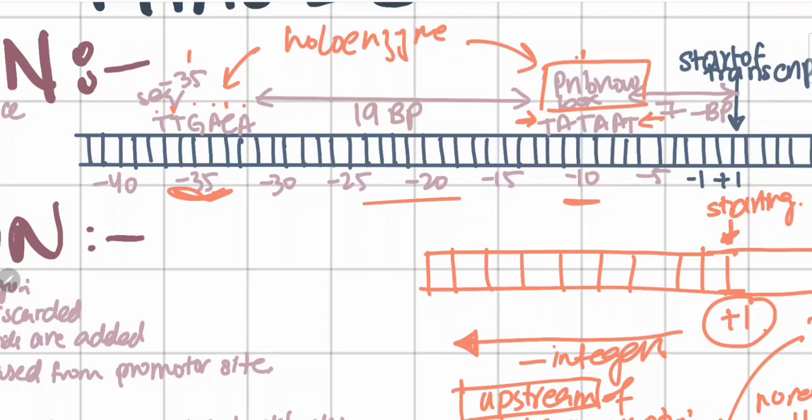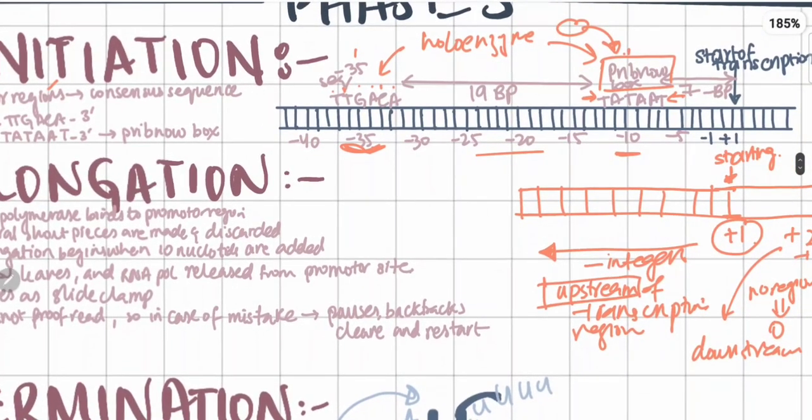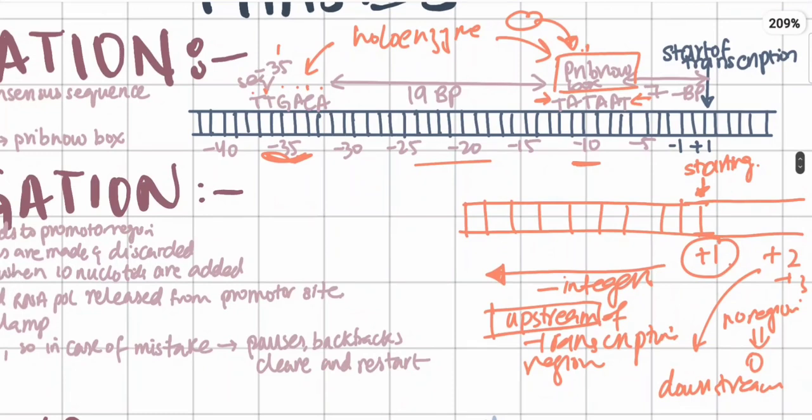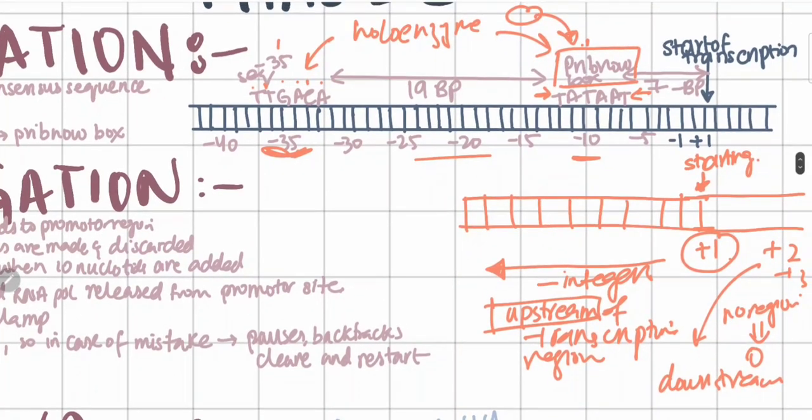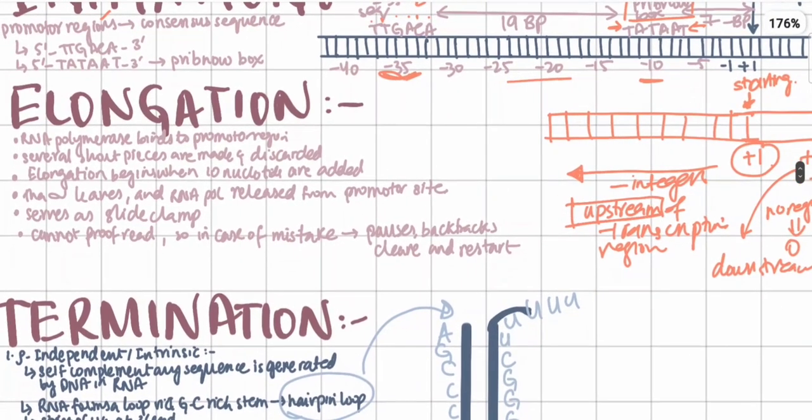When it recognizes these two regions, the core enzyme is going to get attached here, right? Now I am moving onwards to elongation. Here, the core enzyme is going to get attached to the Pribnow box or the -35 sequence, right? It's going to get attached. When it attaches, that activates the RNA polymerase.